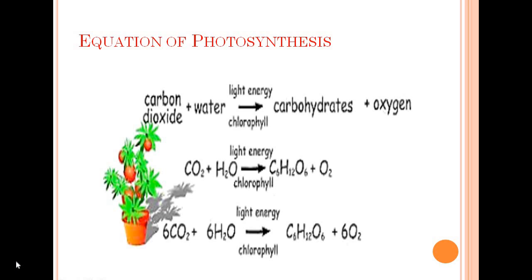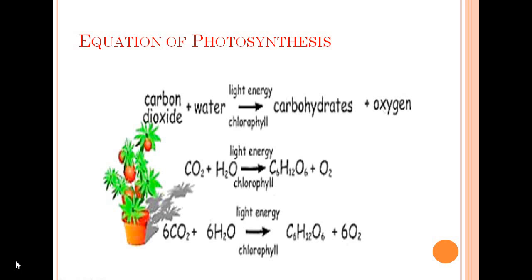Now when the two reactants, carbon dioxide and water, react in the presence of light and chlorophyll, the products obtained are carbohydrates, stored in the form of starch in the green plant, and along with it one byproduct is also released, oxygen gas, which is the life gas you can say, because without oxygen we can't survive.